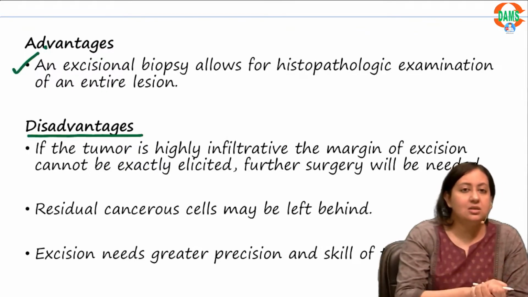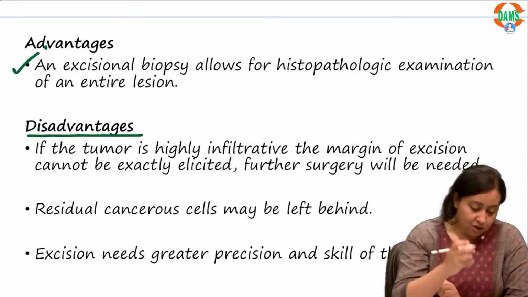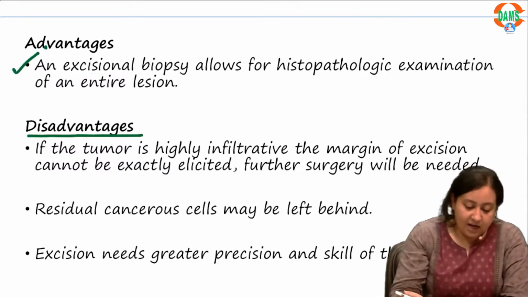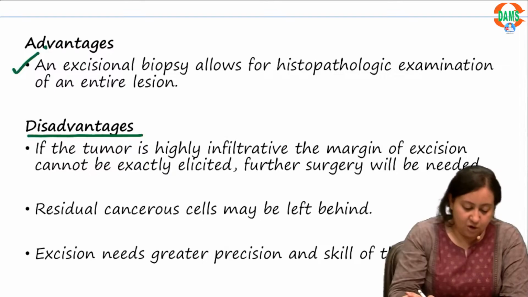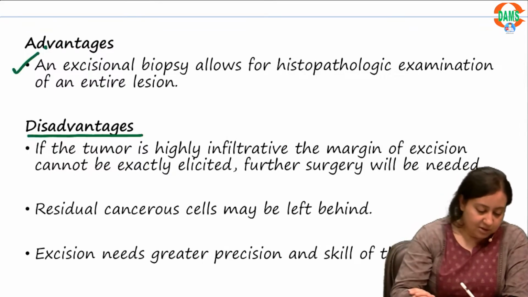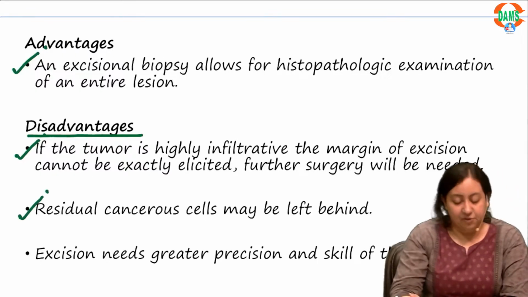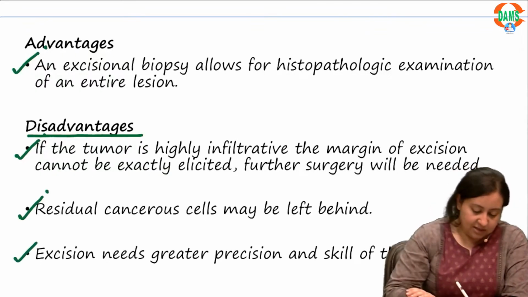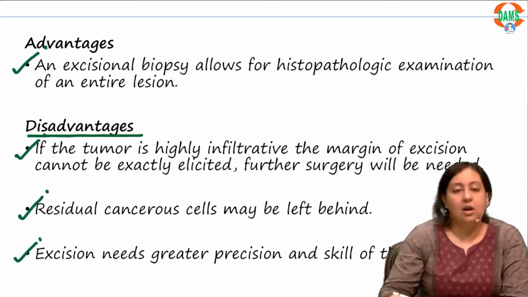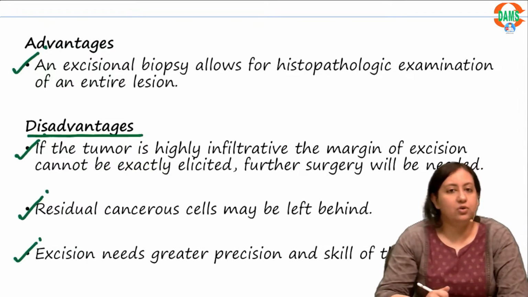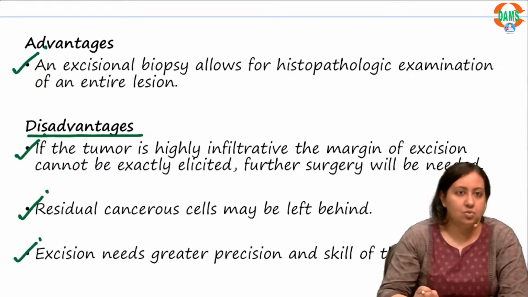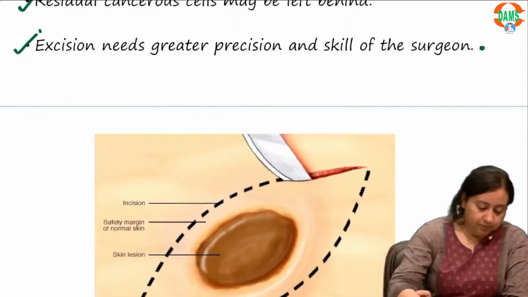So these are certain disadvantages of excisional biopsy. If the tumor is highly infiltrated, the margin of excision cannot be exactly elicited. Further surgery will be needed. Residual cancer cells may be left behind, and excision needs greater precision and skill of a surgeon because you have to remove the lesion in toto.